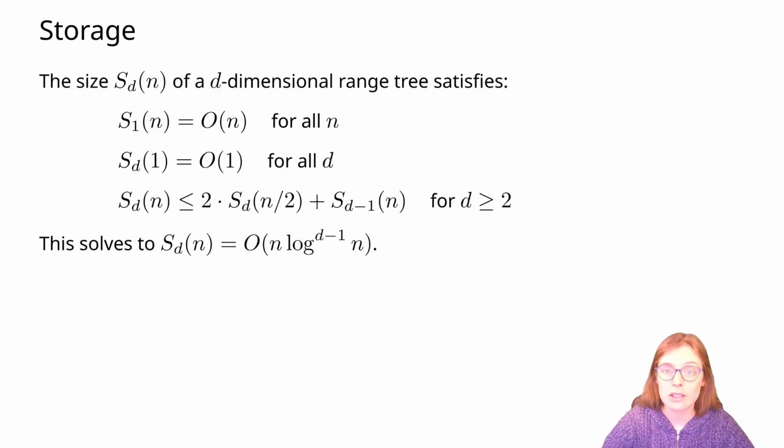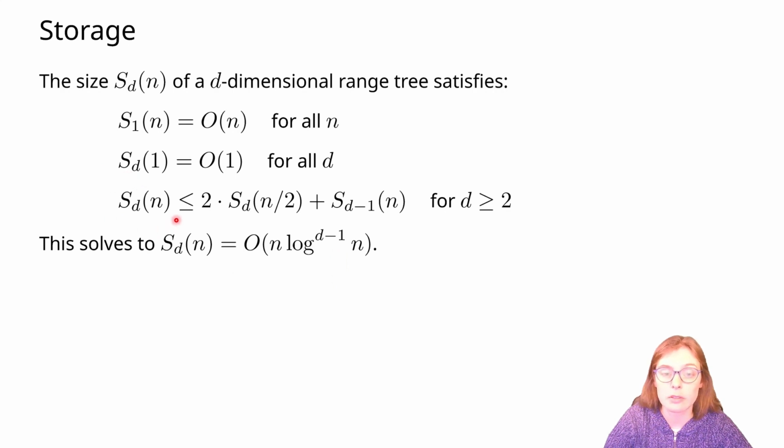The storage of a d-dimensional range tree can be evaluated by the following recursive inequality. A one-dimensional range tree takes linear space. A d-dimensional tree on one point takes constant size, so these will give the base case for the recursion.